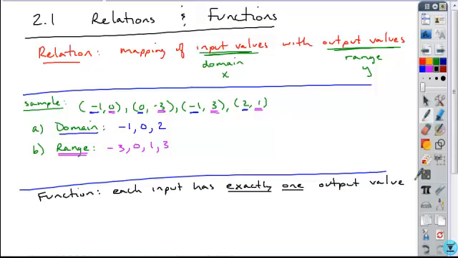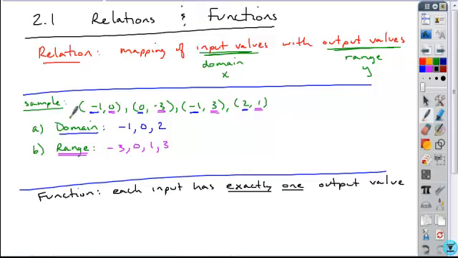So in order for something to be a function, no matter what you put in as its input, if you enter a specific input, the output is always the same. It's never going to change. There's never going to be more than one output value for each input.